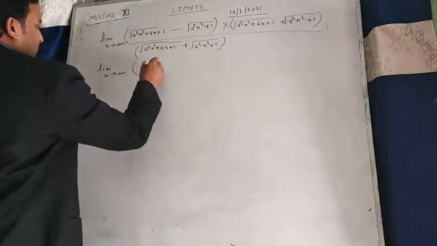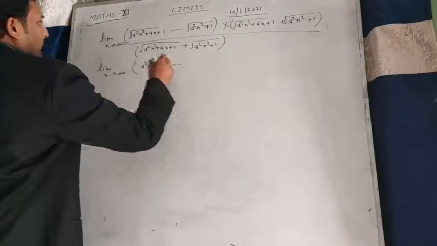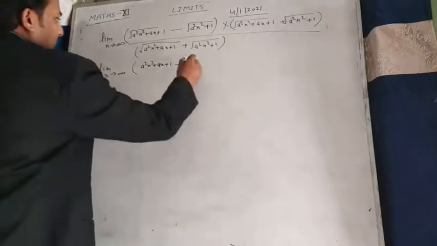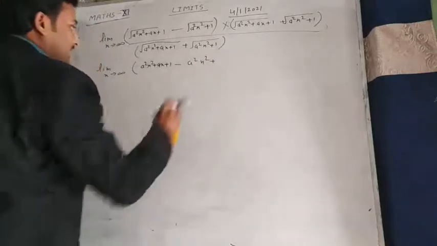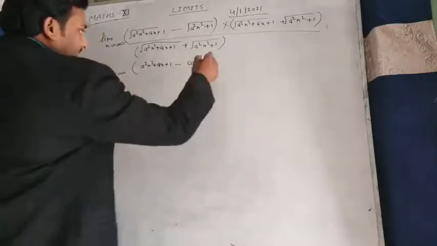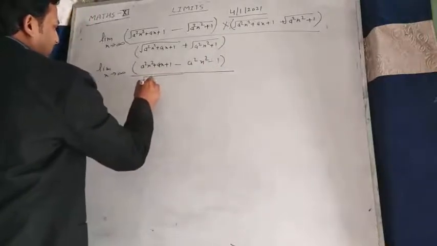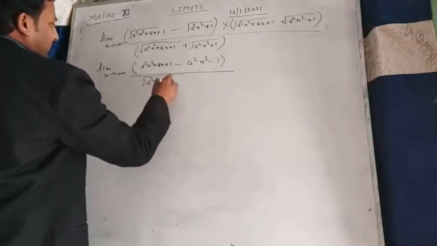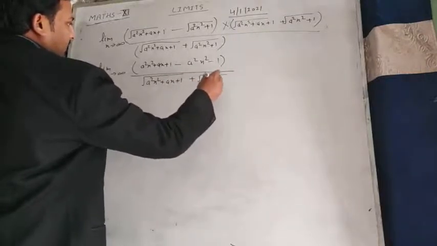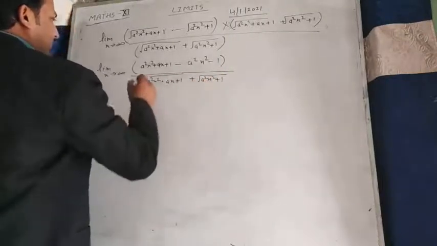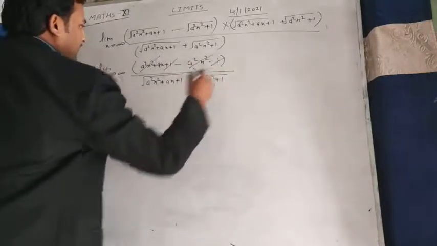So a squared x squared plus ax plus 1 minus a squared x squared minus 1, and in the denominator we write under root (a squared x squared plus ax plus 1) plus under root (a squared x squared plus 1). So students, we are seeing that this part is cancelled and this part is cancelled.